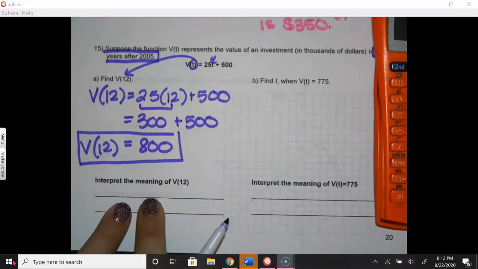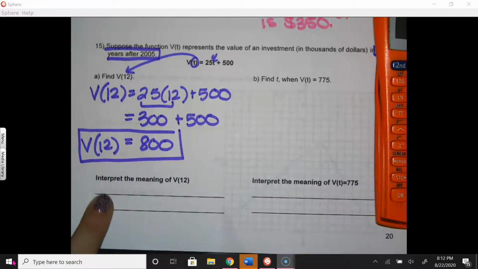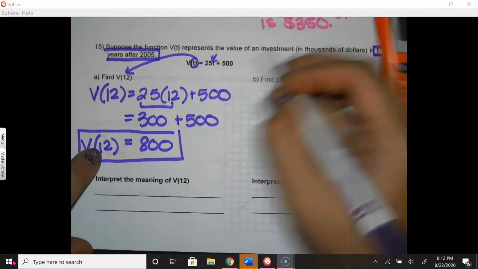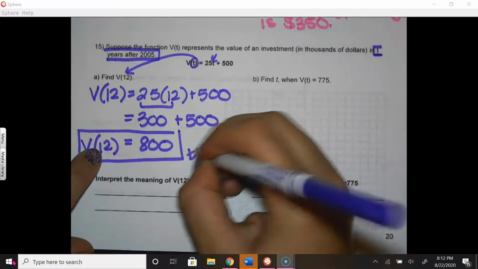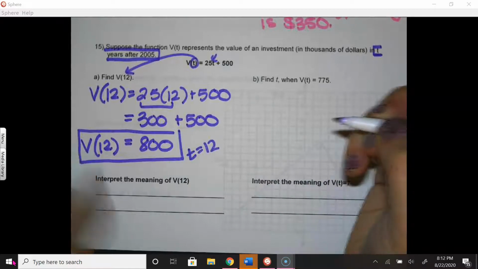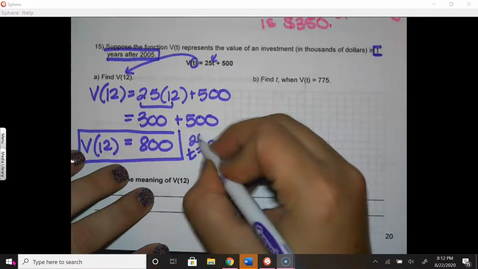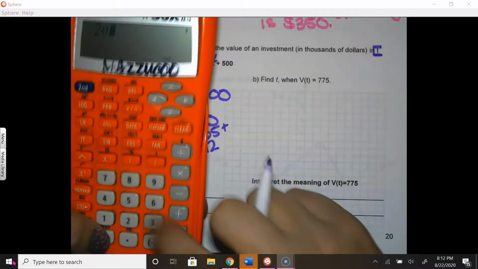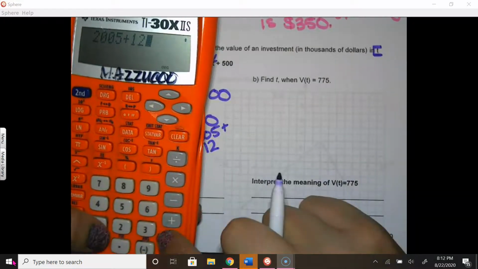Now it wants us to explain what we just found. So 12 is t. If t is 12 and it represents how many years after 2005, 2005 plus 12 years later makes it 2017.